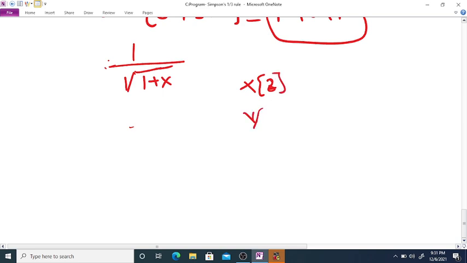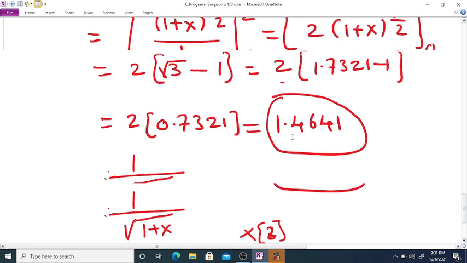So here first we are going to write a function for 1 divided by the square root of 1 plus x. Then we are going to store the values in arrays x and y, and then we are going to check a condition here.